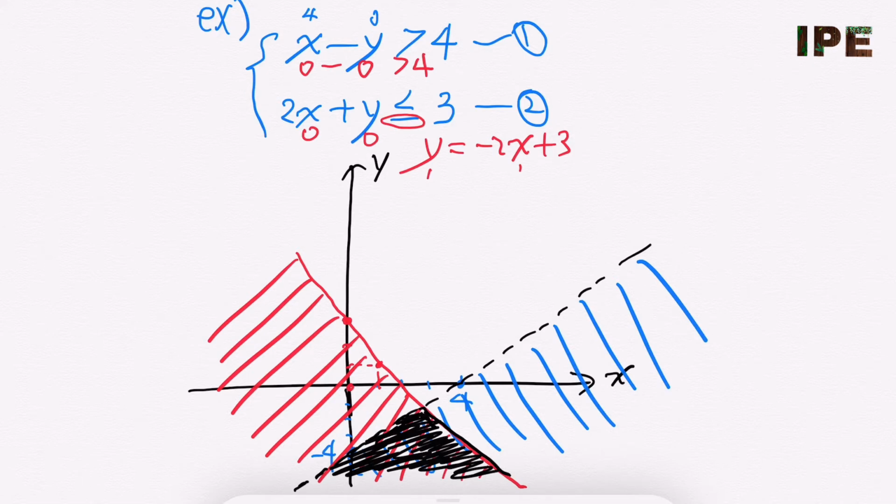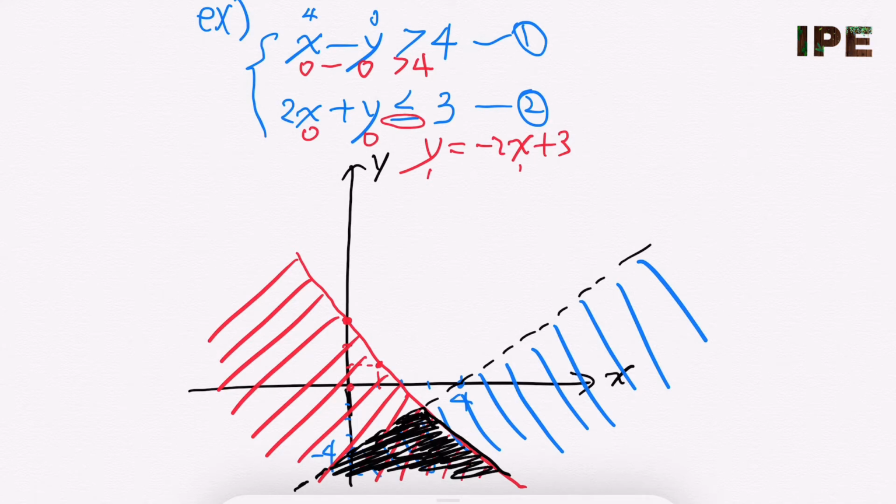Sometimes to choose the answer for an SAT problem, especially a multiple choice problem, some choices give some points, and you must decide which point can be a solution of the system of inequalities. You can solve it and then just check which point is in that area. Or just plug in the x and y coordinates for both inequalities. If a point makes both inequalities true, that point can be the answer.